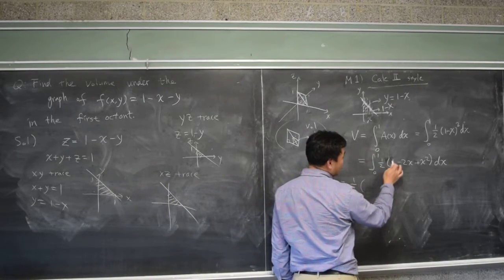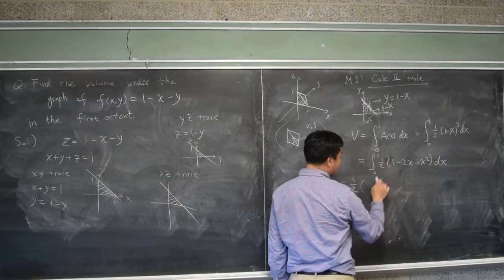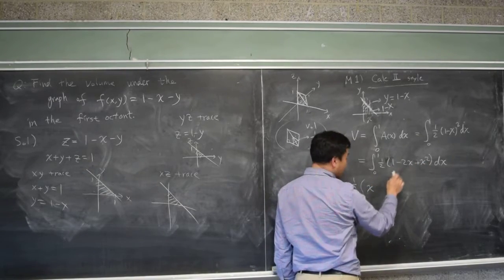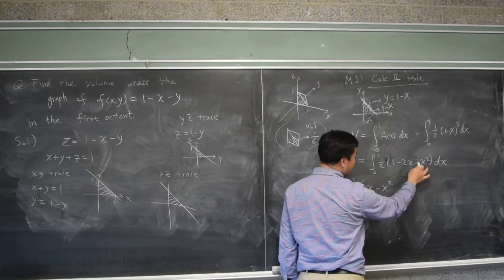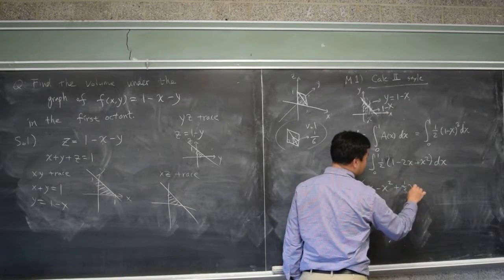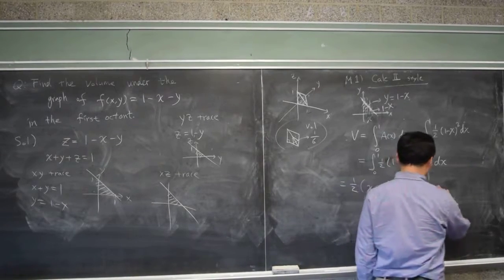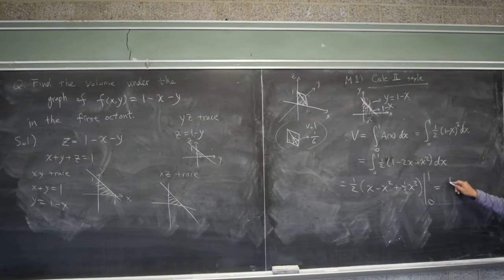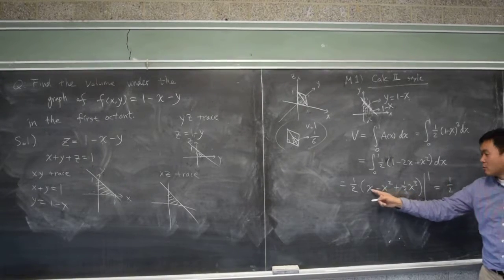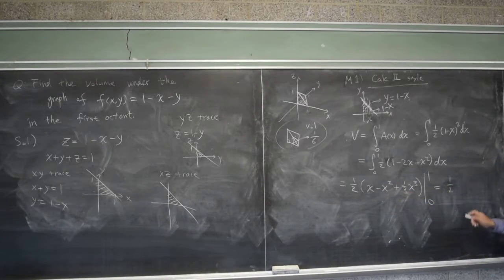And then we can integrate this. So 1 integrates to x, 2x integrates to x squared, x squared integrates to 1/3 x cubed. And you plug in 1 and 0. If I plug in 1, you get 1 minus 1, which is 0, then you get 1/3, right? And when you plug in 0, everything is 0. So you get 1/2 times 1/3, which is 1/6, as we said before.